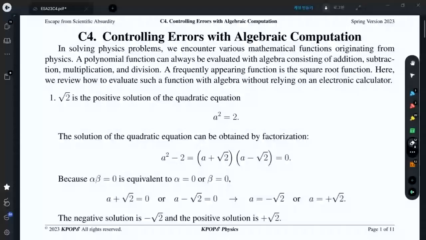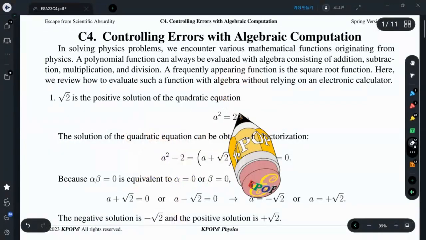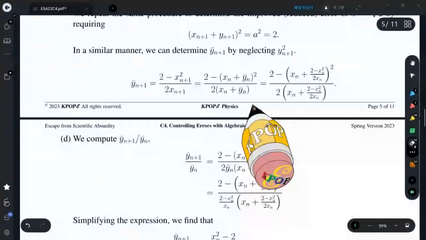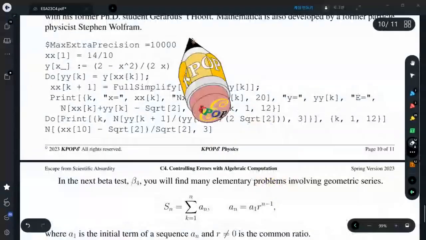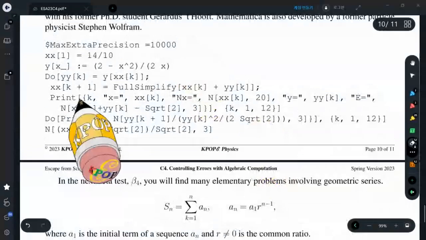Before I start this class today, I do not ask you to carry out this complicated calculation by yourself, but at the end of this lecture notes, I have written explicit mathematical input.